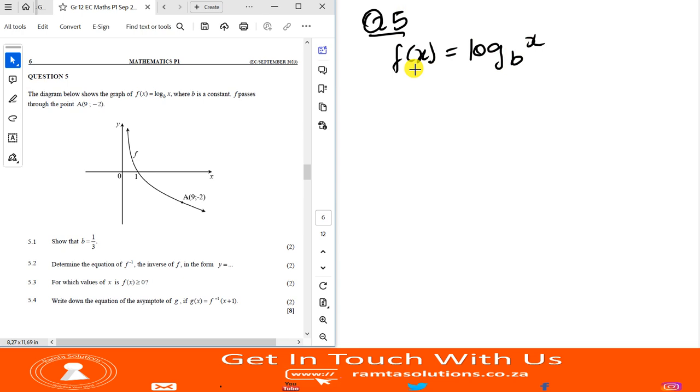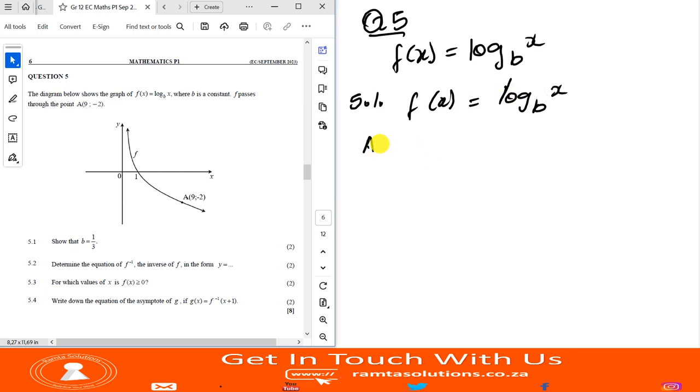This passes through the point A with coordinates 9 and -2. Now show that b is 1/3. To show that b is 1/3, I'm not going to break this down as yet. I'm going directly into the question paper. So f of x is equal to log x base b.